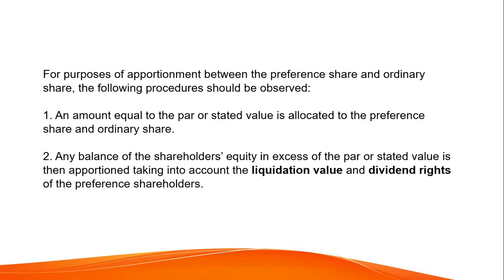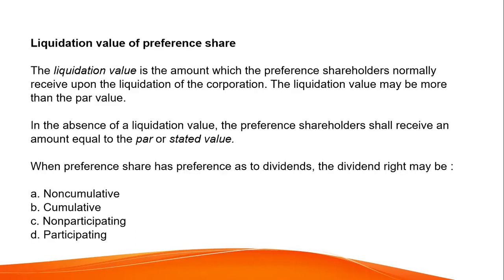Any balance of the shareholders' equity in excess of the par or stated value is then apportioned, taking into account the liquidation value and dividend rights of the preference shareholders.